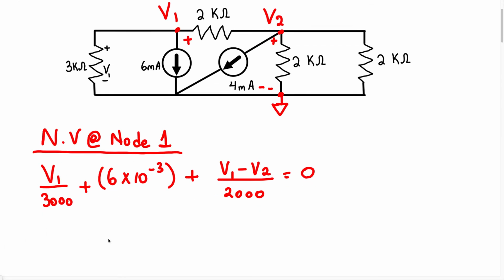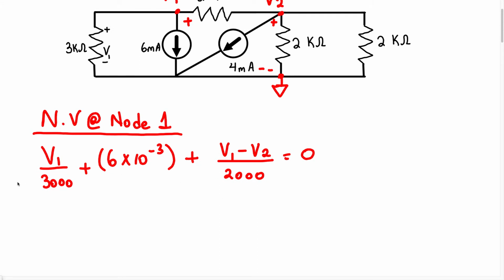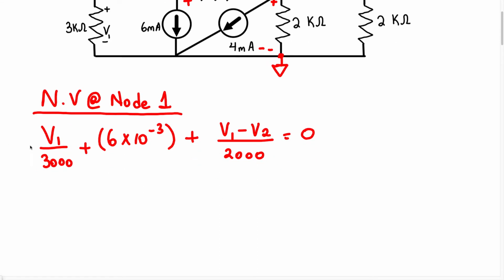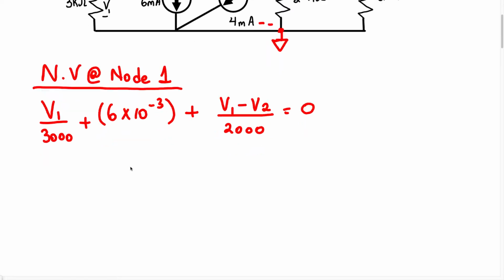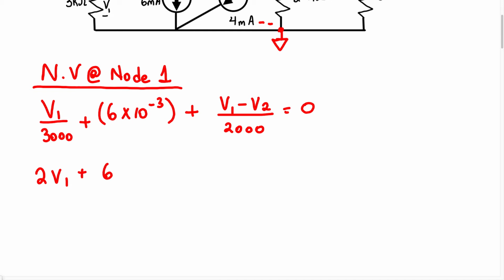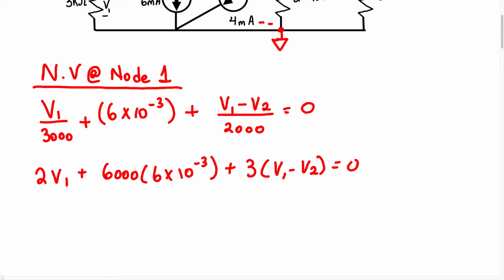Now let's simplify this. We know the LCD is going to be 6,000, so we can multiply by 6,000 to get rid of these denominators. When we do that, we get 2V1 plus 6,000 multiplied by 6 times 10 to the negative 3 plus 3 times V1 minus V2 equals 0.